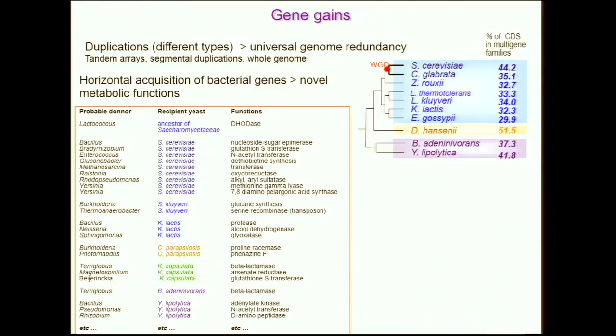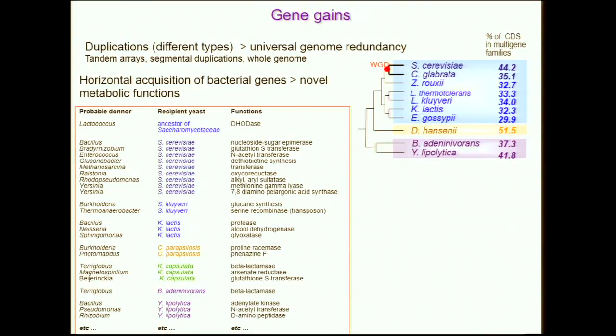This is a slide which is already a few years old, out of date, but just to illustrate the point. These are genes we have identified in different yeasts, with the name of the yeast shown here, and the predicted function for most of them. The function has been demonstrated for a few of them in S. cerevisiae, such as uracil synthesis.